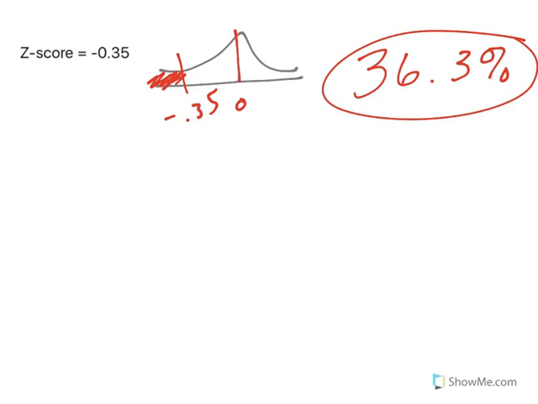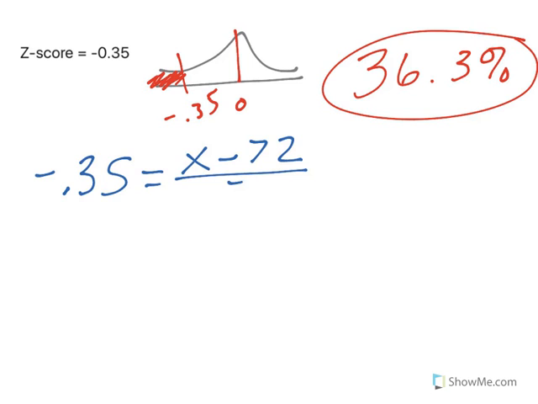for the percentile. But to get the value, we've got to do a little bit more work, because remember, z-score equals value minus the mean divided by the standard deviation. So we have to solve this equation. First step, the equal sign splits it in half, equally. So whatever I do to the left, I have to do to the right.